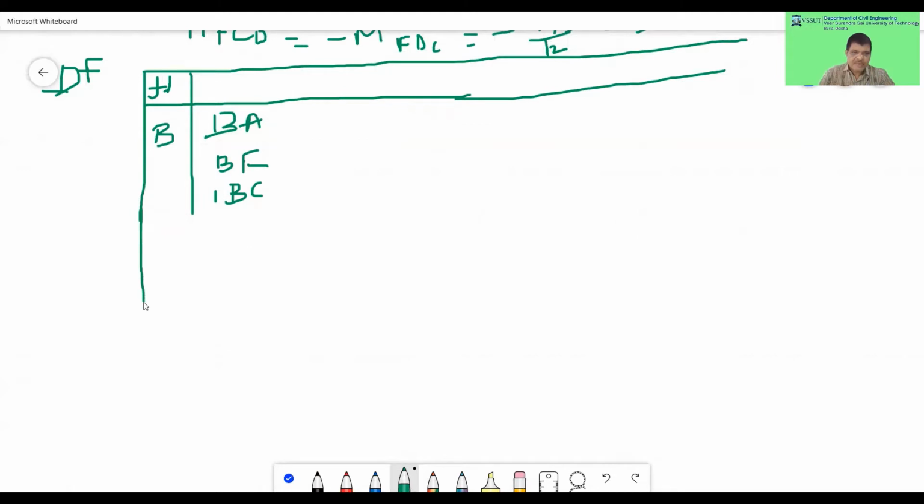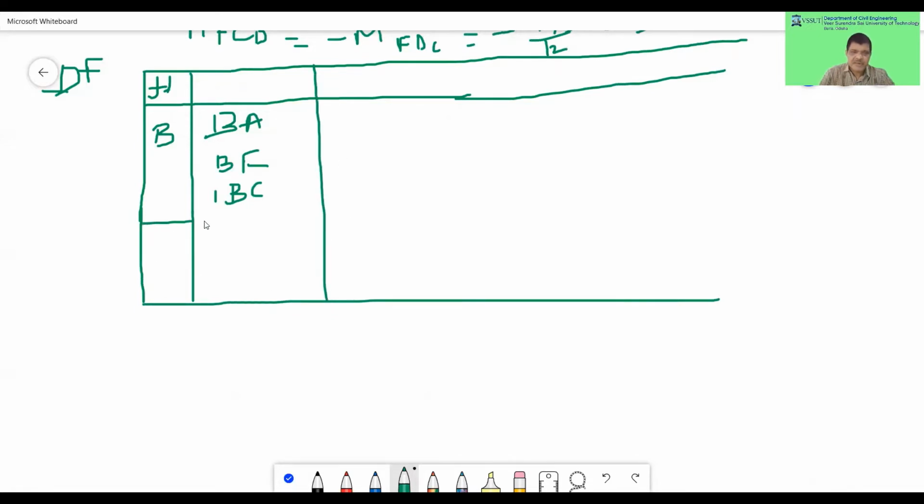So these are the members at joint B. Similarly, members at C are also three: CB, CE, and CD. So these are the members.